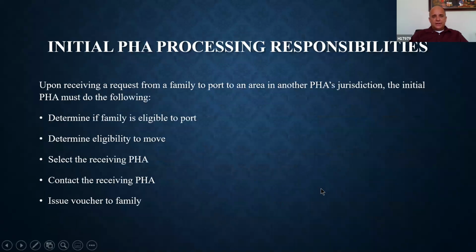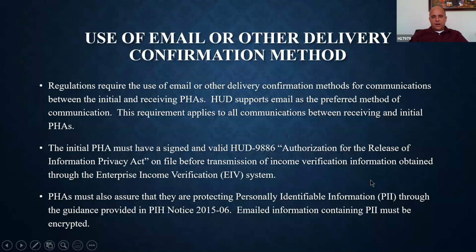And one other really important thing to keep in mind is that we're all about making sure that we protect personally identifiable information. It's kind of hard to say. We call it PII for short.